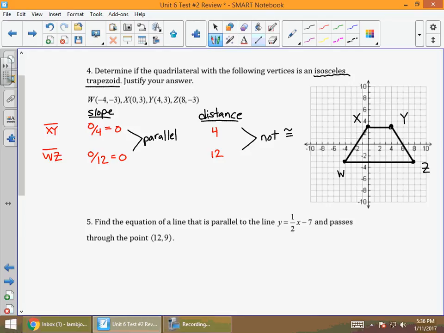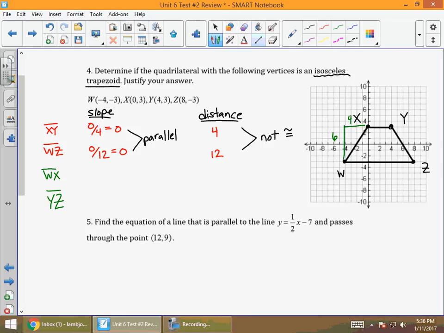And I'm going to do that by finding the other two sides. So WX and YZ. All right, I'm going to start by looking at the slopes of those two things first. So W to X. So I rise 1, 2, 3, 4, 5, 6, and I run 4.